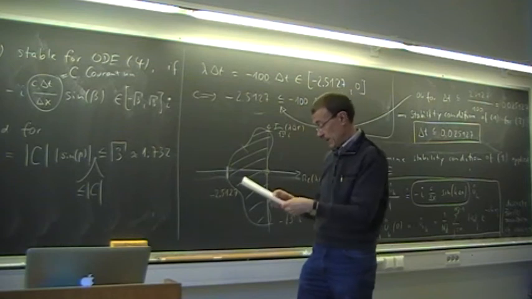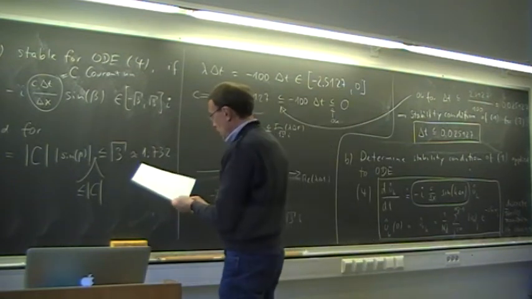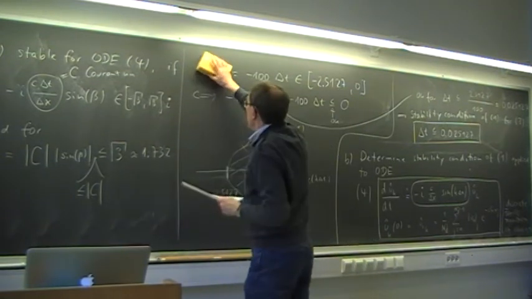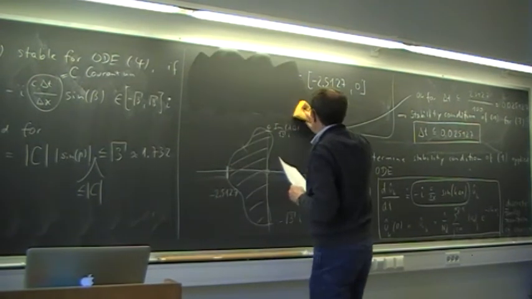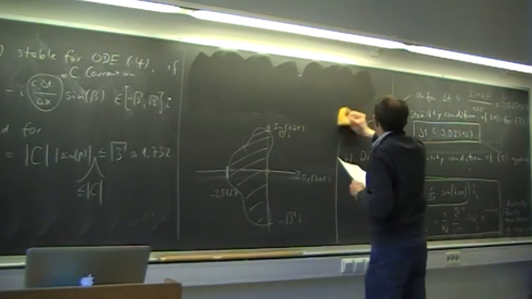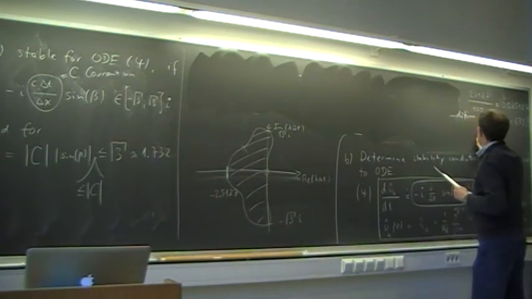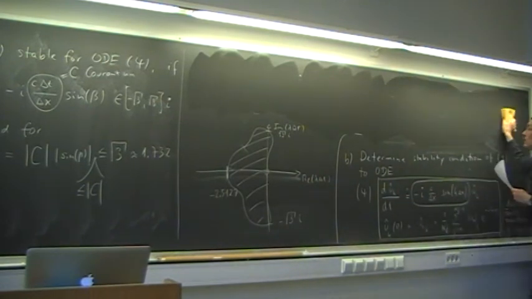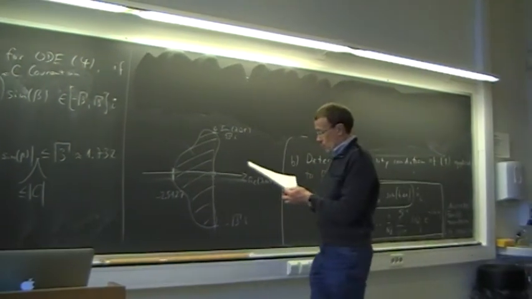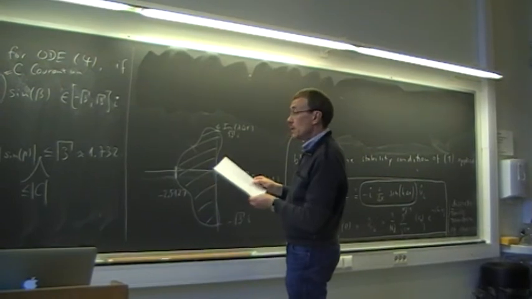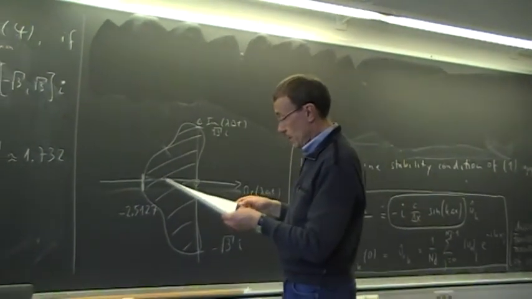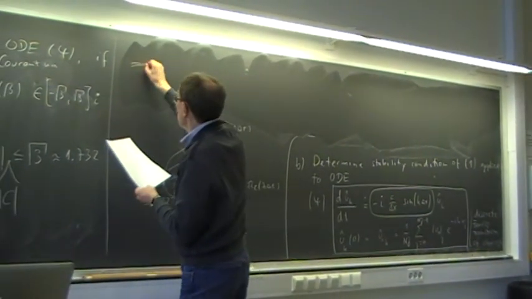So that is the idea. So then we just write that. Satisfied for, so from that we get then the stability condition.